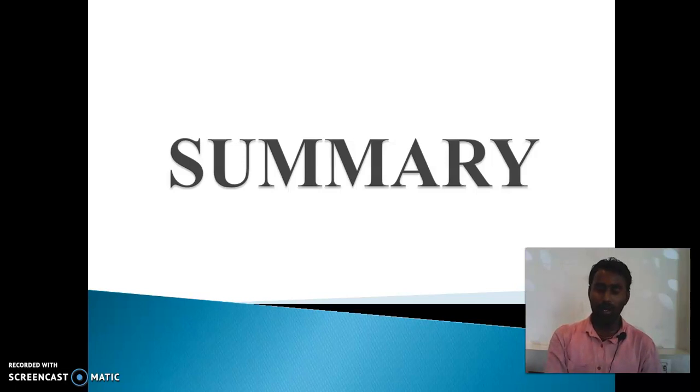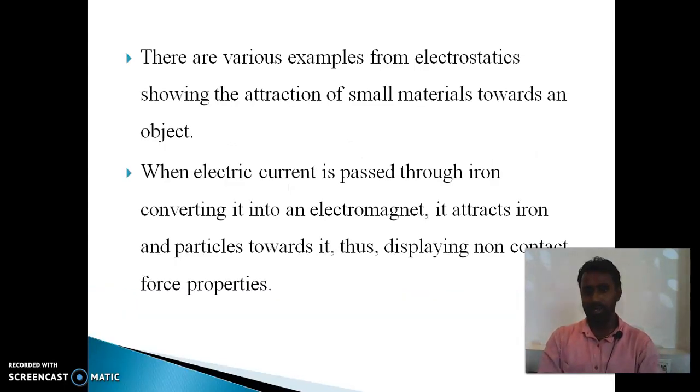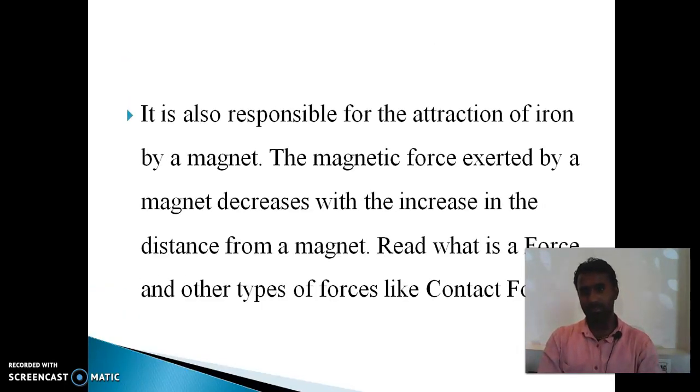What are the types of non-contact force? The first ones I mentioned are electrostatic force and magnetic force, right? And I gave a few examples.